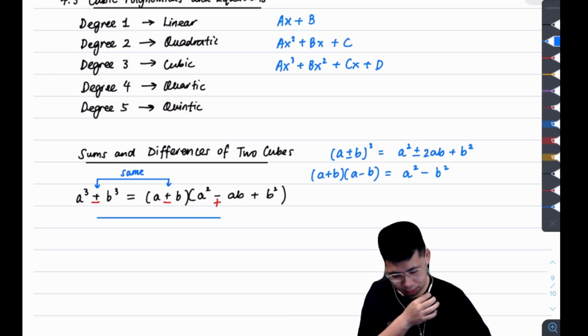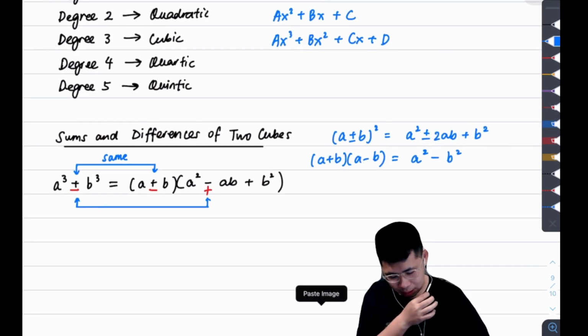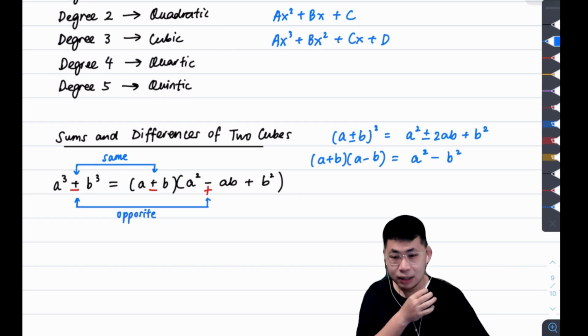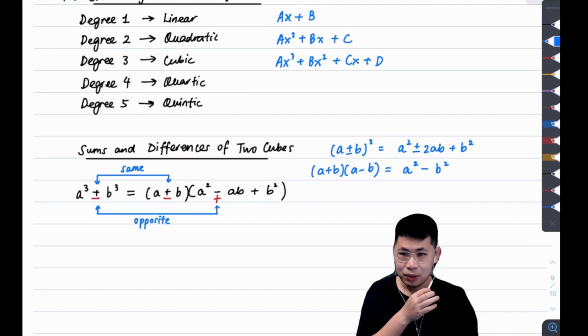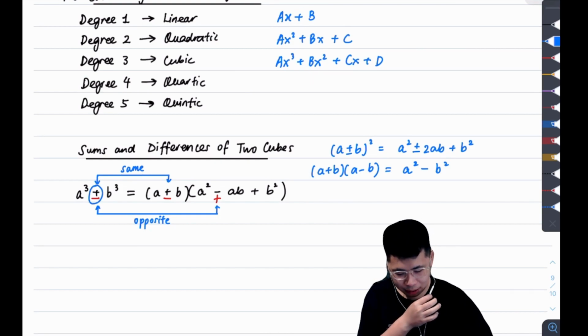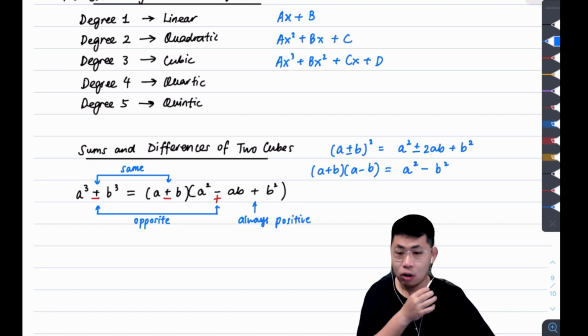We have another pair of operations to look at over here. This one would be opposite or different, because they are literally different operations: your plus minus and your minus plus. And the last one is always positive.